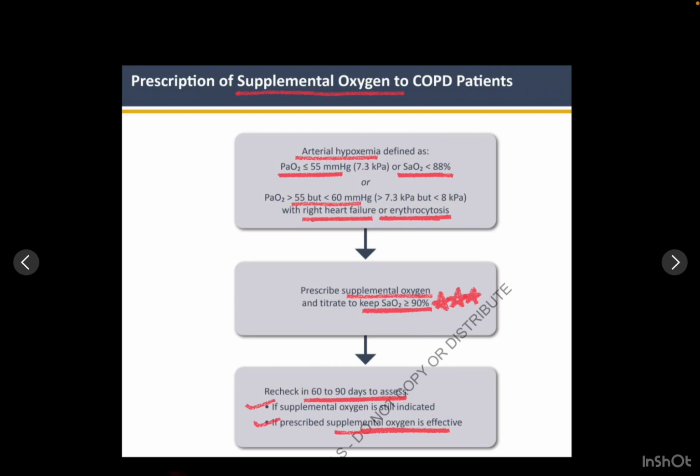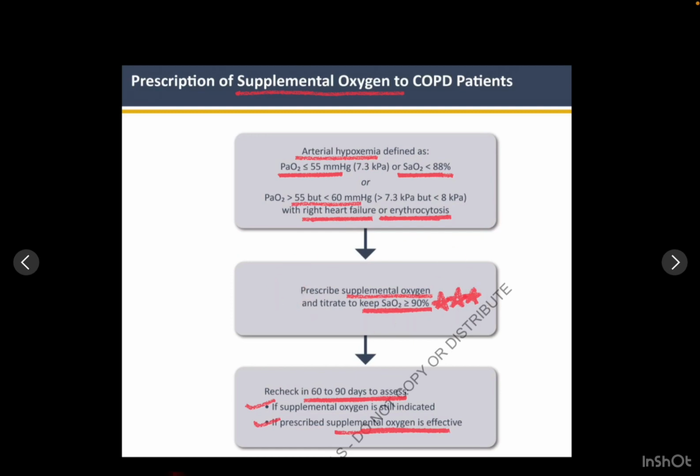Or if PaO2 is between 55 and 60, more than 55 but less than 60, with right heart failure and erythrocytosis, which are signs of chronic hypoxemia.